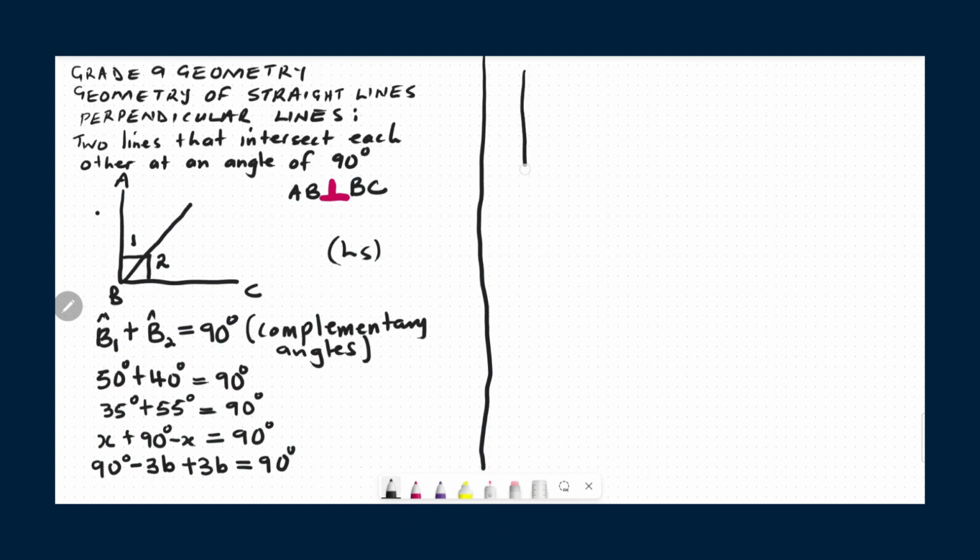Let's have this example number 1. We have got 90 degrees there, split into 2 angles. This one will be 75 degrees and this one will be x degrees.